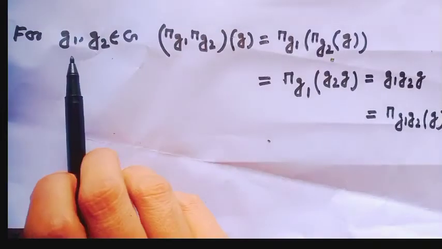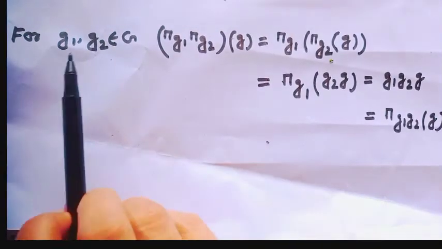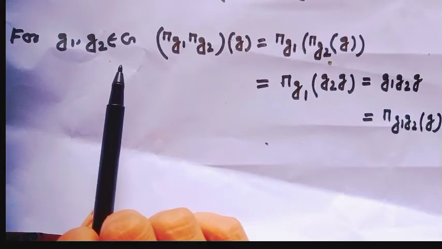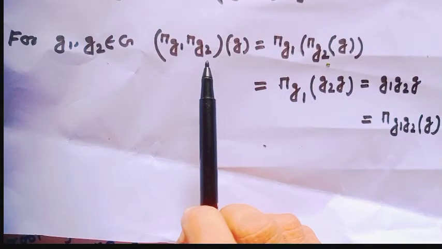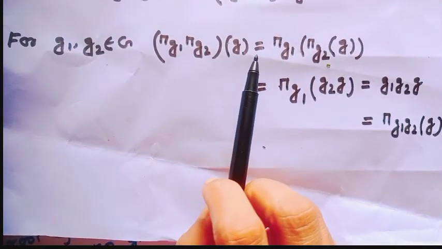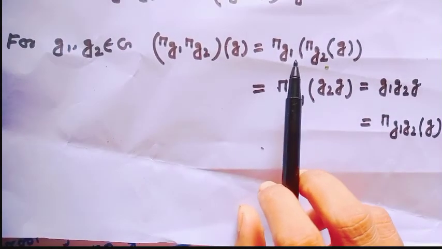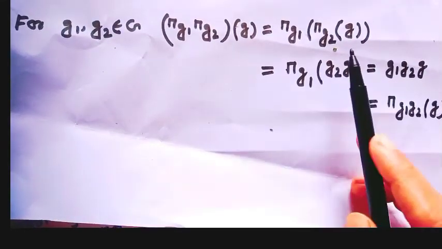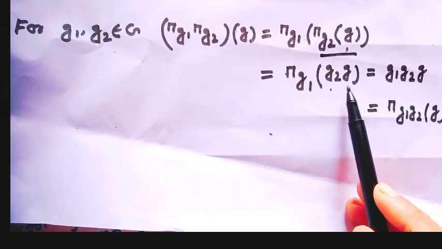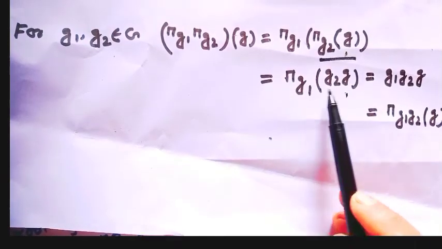Let's see the group operation. Let g1, g2 be any members of capital G. Then what will be pi g1 times pi g2 applied to a small g? By definition, this is equal to pi g1 of pi g2 of g. And by the defined mapping, this is equal to pi g1 of g2 g. Are you getting? Okay.